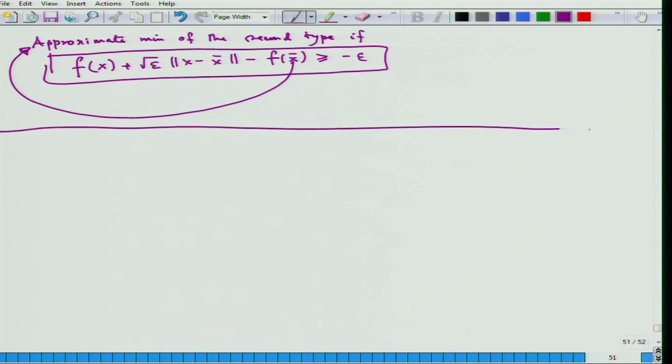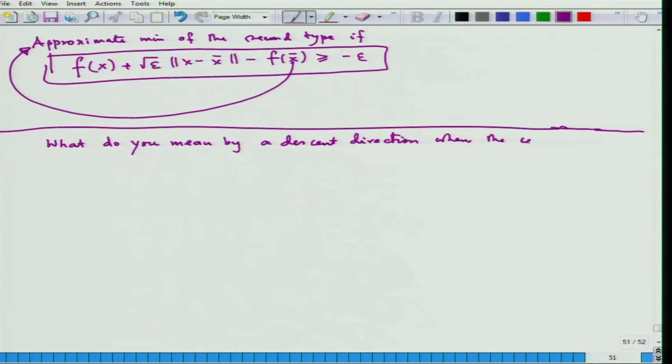So, tomorrow we will discuss a very interesting topic: what do you mean by a descent direction when the convex function is non-smooth. So, this will lead to algorithms using subdifferentials. Thank you.